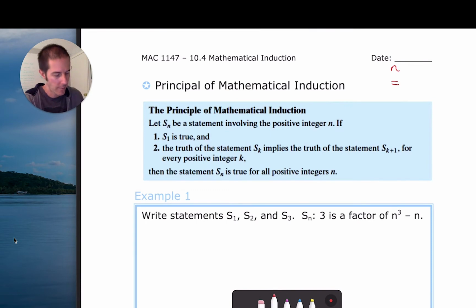If n is equal to 1, then I'm only going to have one thing over here, one term. And over here, there's going to be an expression, like a formula. There's going to be some stuff going on on the right-hand side of the equation, and that's always going to be true. And when n is equal to 1, on the left-hand side of the equation, you're only going to have one term.